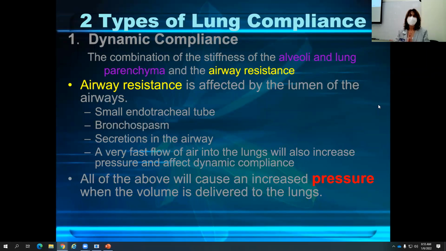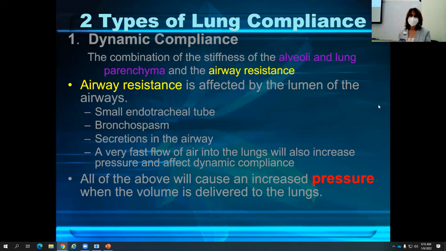Somebody could have perfectly normal lungs and you intubate them with a size 7 tube and connect them to the ventilator, and you see the pressures are kind of high pushing the air into the lungs. Then you take that same person, intubate them with an 8.0 or an 8.5, and you notice a lot lower pressure when you're pushing the air into the lungs.